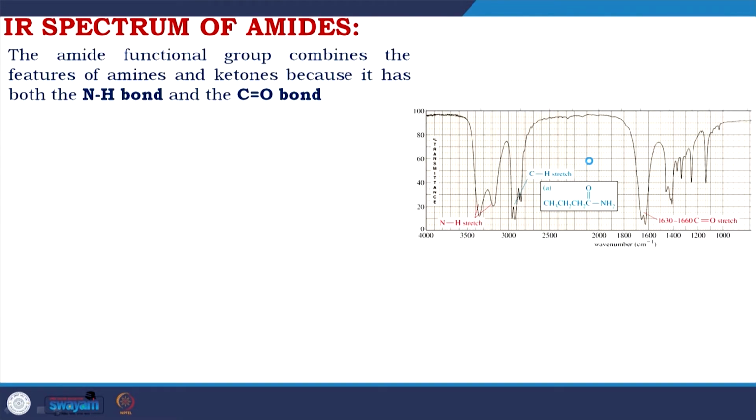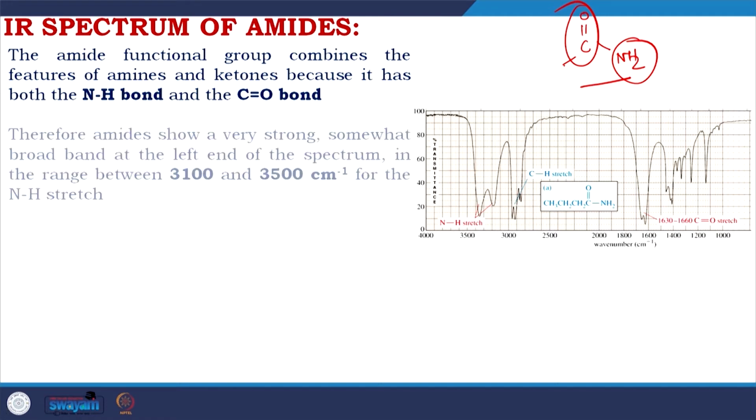Coming to amides. The amide functional group combines the features of amines and ketones, because it has both the NH bond and the CO bond.